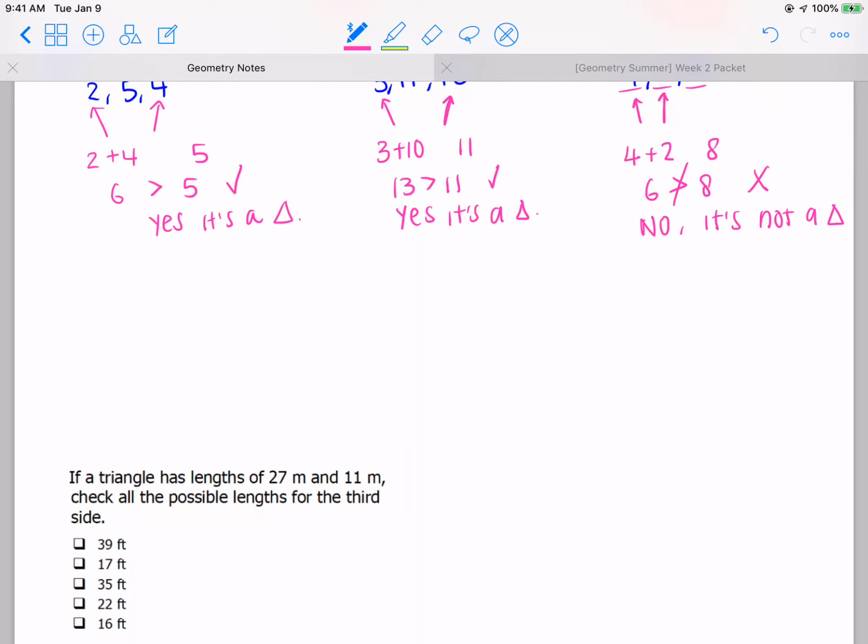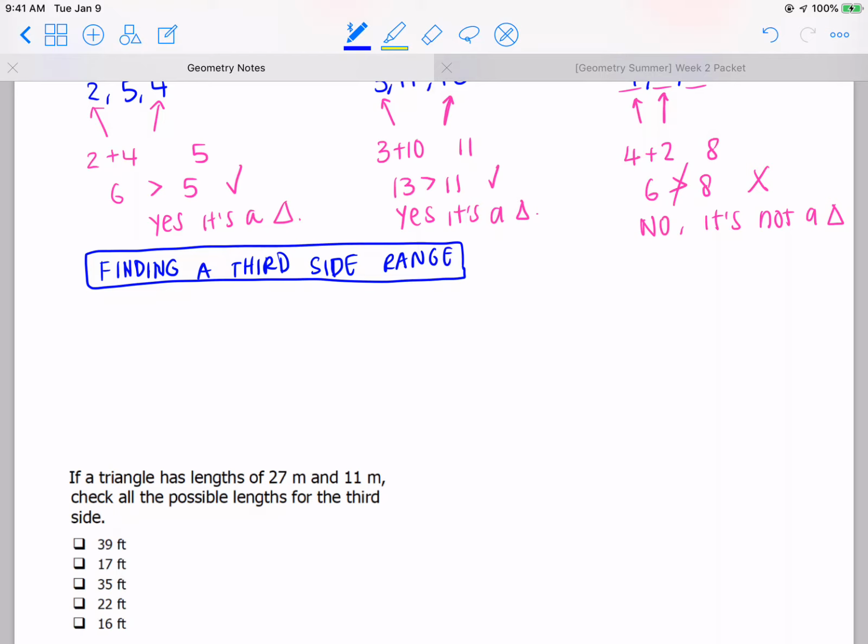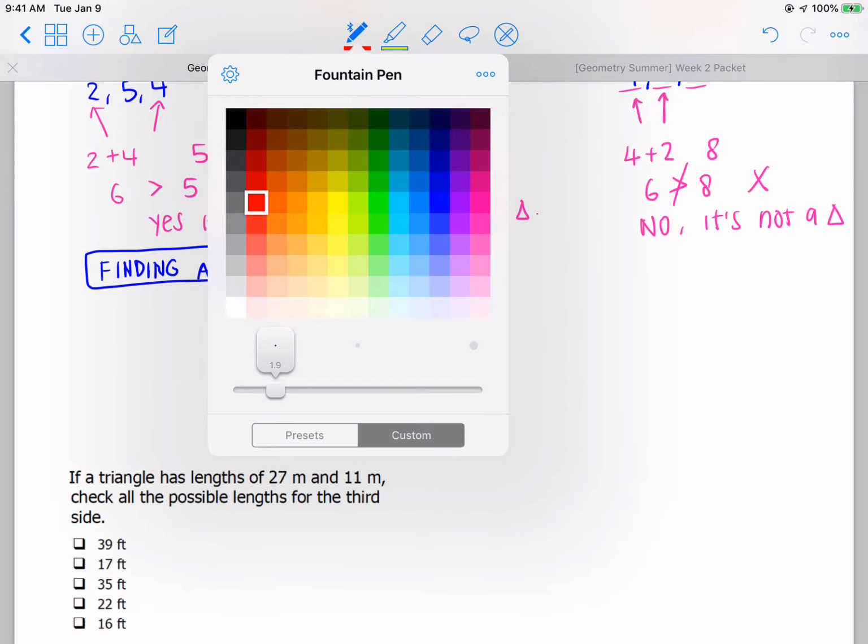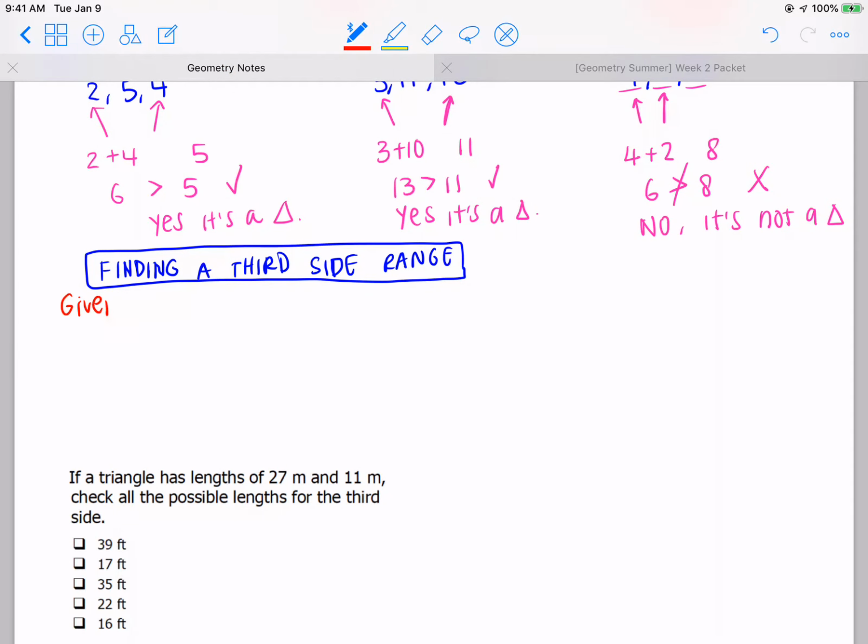Now let's look at the bottom part, finding a third side range. What you're going to be given is two lengths, A and B, and then we're going to be writing an inequality.